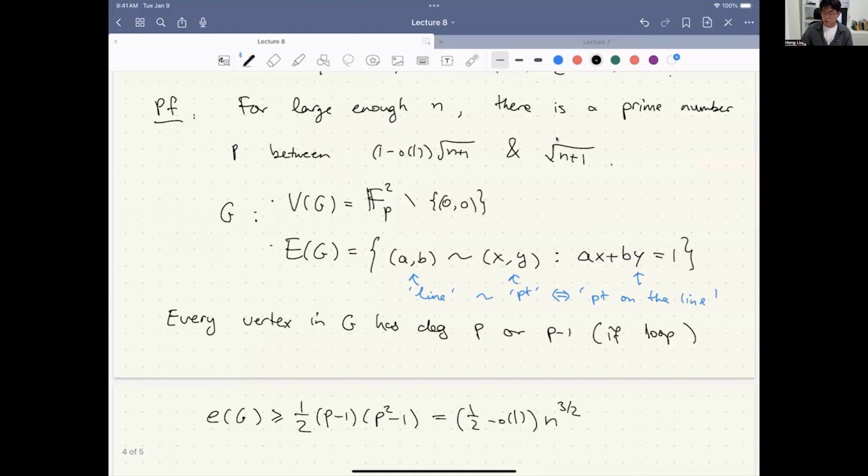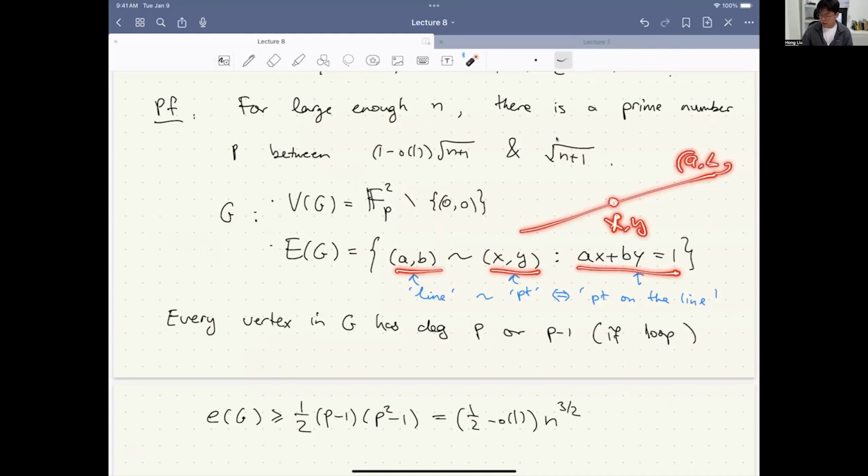Why is there no C4? Well, as I said, this just means that for the line (A, B), the points (X, Y) lie on the (A, B) line. If you have two, (A', B'), two lines can only have one intersection.